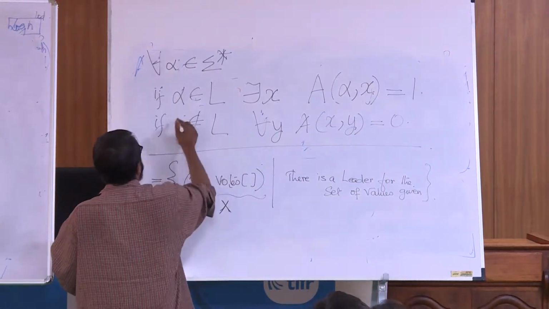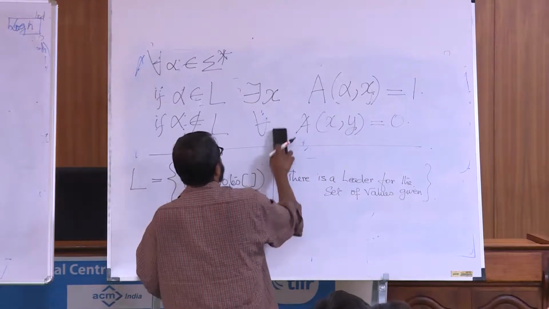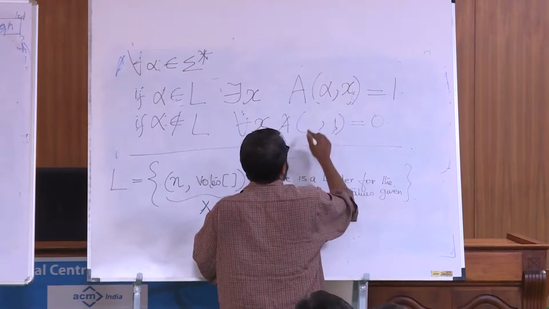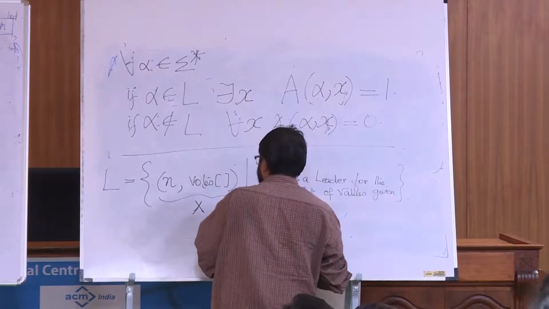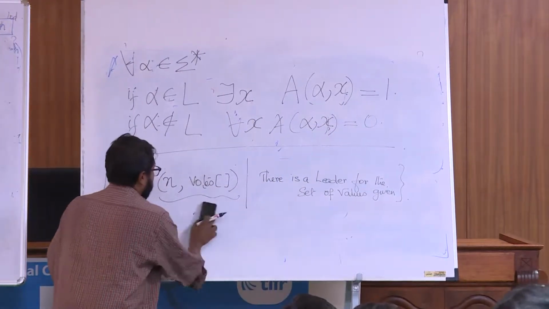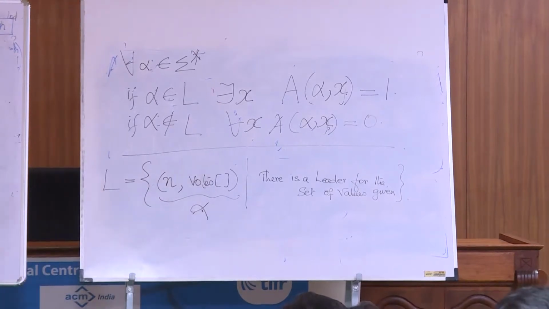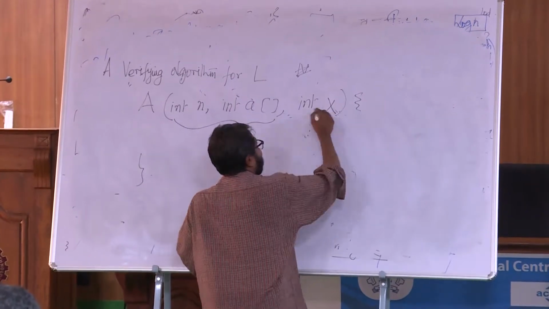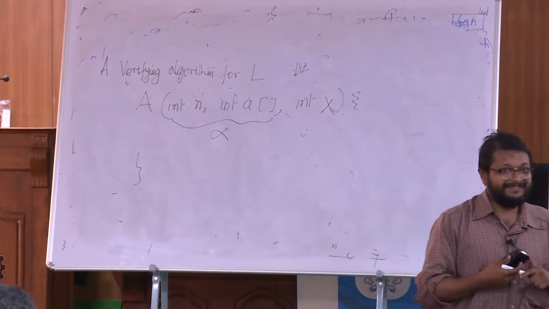If alpha is not in L, then for every x, A(alpha, x) should be equal to 0. Now I am safe, I can call this alpha and this x, and that clears the confusion.